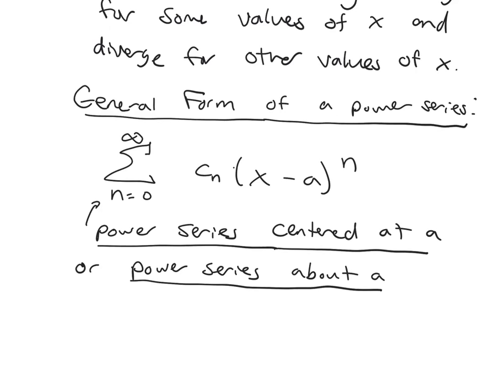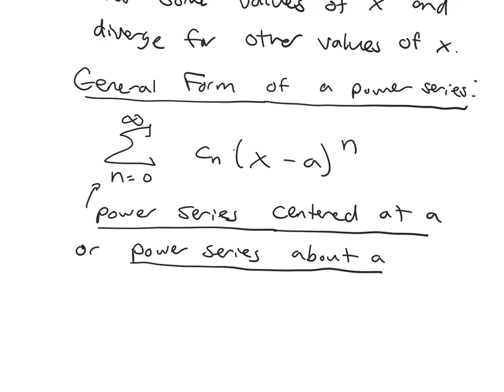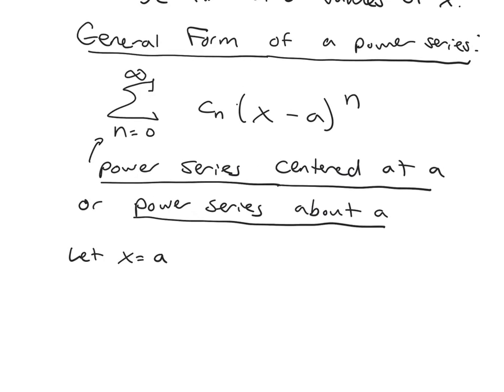And I really want to know, when does this series converge? So I want to plug in values of x. Well, let's start by plugging in a and seeing what we get in our series. c_n (a minus a) to the n.